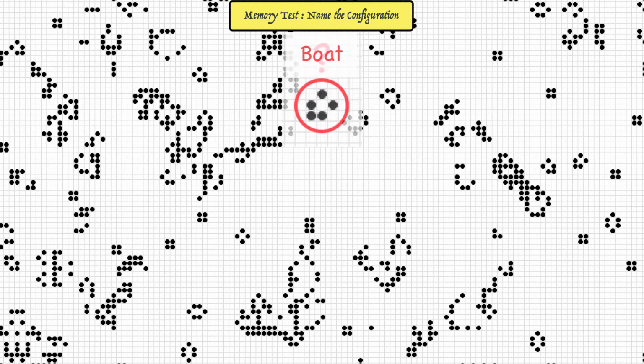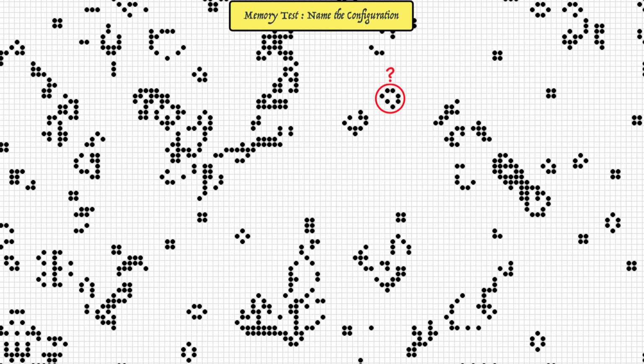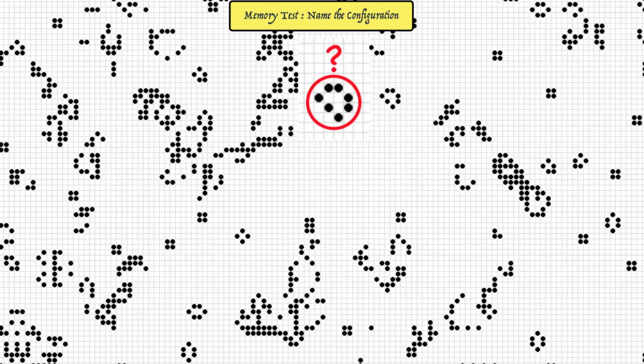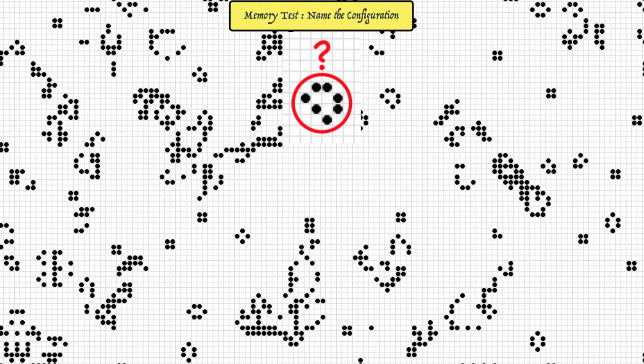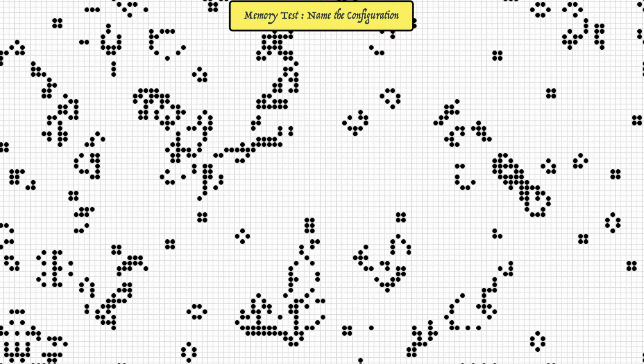And now number 5. There it is. 7 dots. That's the loaf. Number 6 next. You see it over there. Just 3 dots this time.